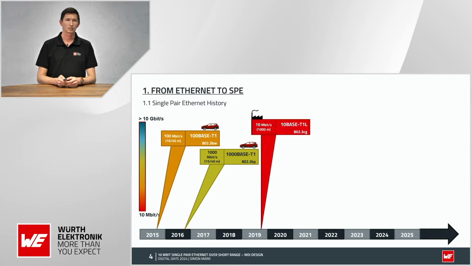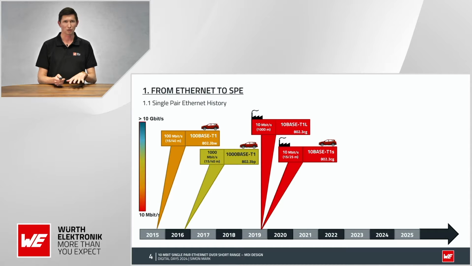Then in 2019 came the standardization for 10BASE-T1L, 10 megabit over a long range, in this case 1000 meters, 1 kilometer. In the same standard, a shorter range of 15 meters or 25 meters is also mentioned, especially for the automotive industry. And this will be our topic today, to look at 10BASE-T1S.